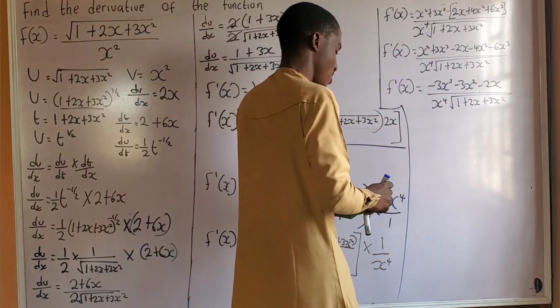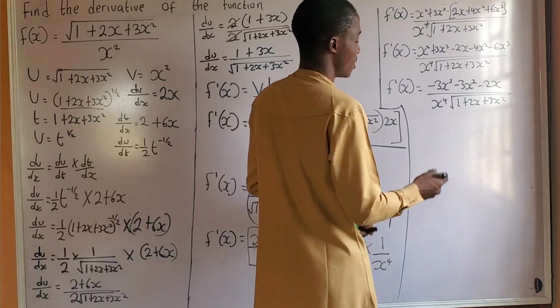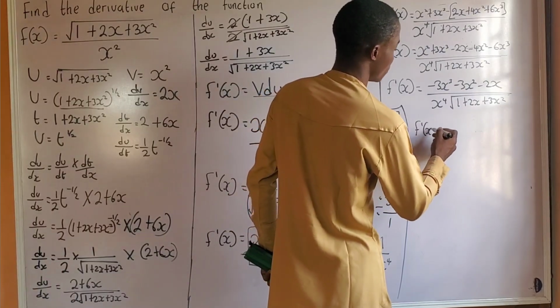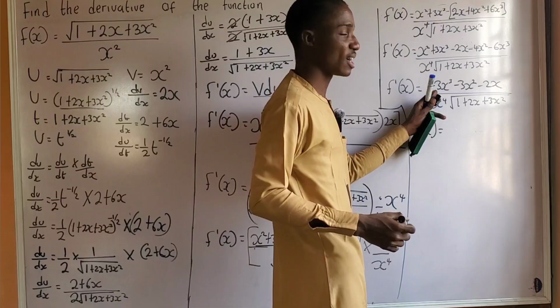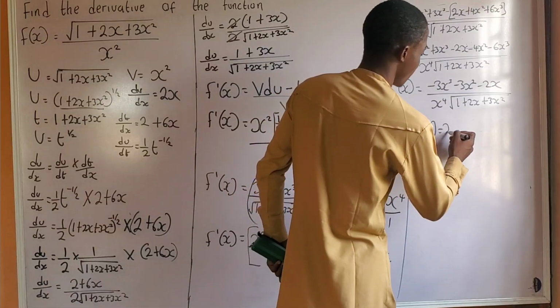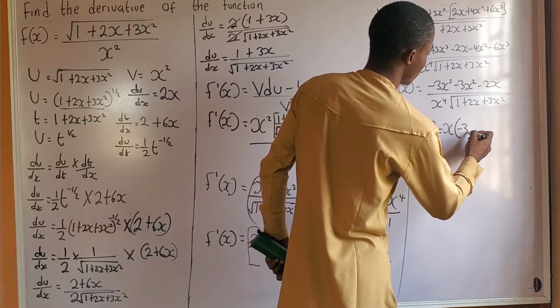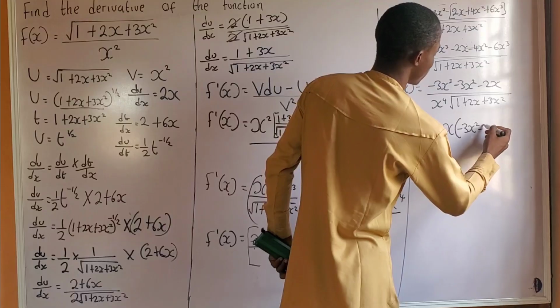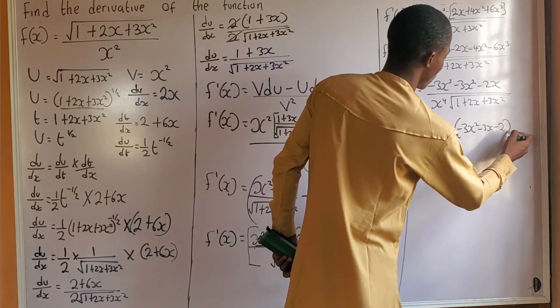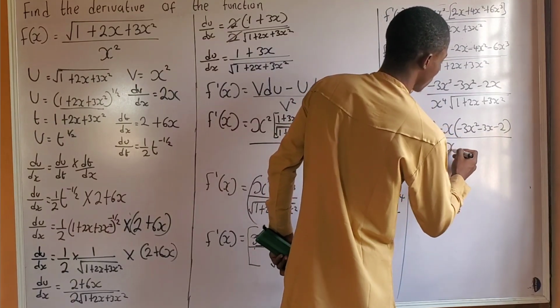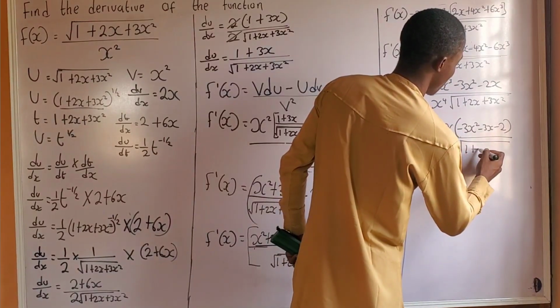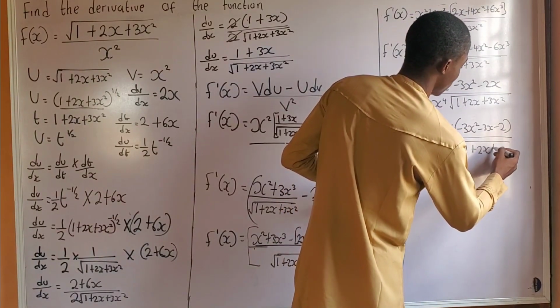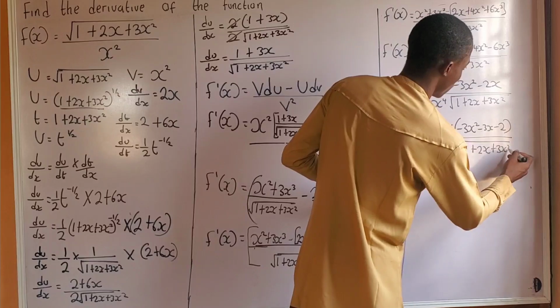Now, for this, the derivative of f of x will be equals to, now we can factorize x at the numerator. So I'm going to have x multiplied by negative 3x raised to the power of 2 minus 3x minus 2, all over x raised to the power of 4 multiplied by the square root of 1 plus 2x plus 3x raised to the power of 2.